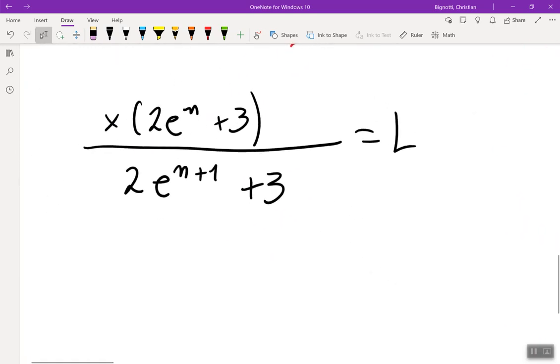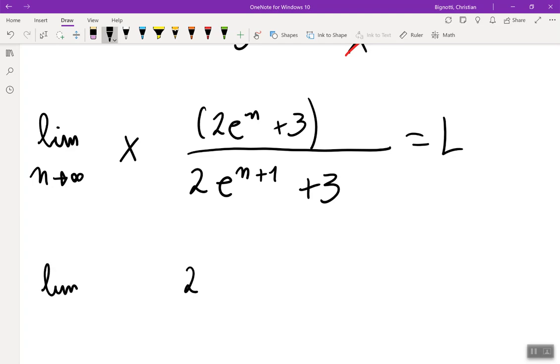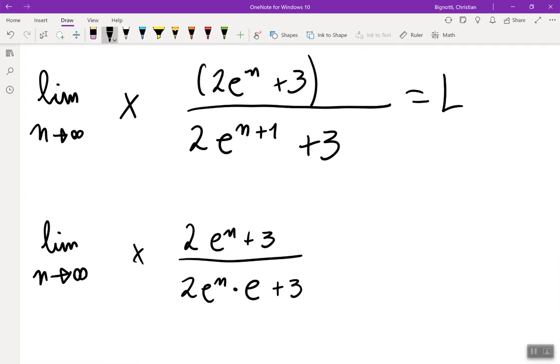With this limit, I want to leave this x out here. We're just going to solve in here where the n's are. So the limit of n goes to infinity of 2e^n over 2e^n times e, plus 3. The x is out here.